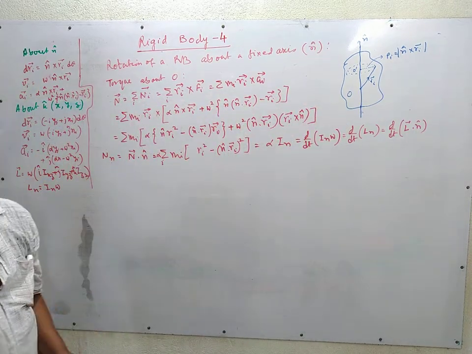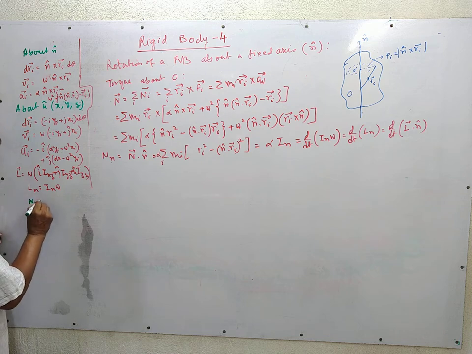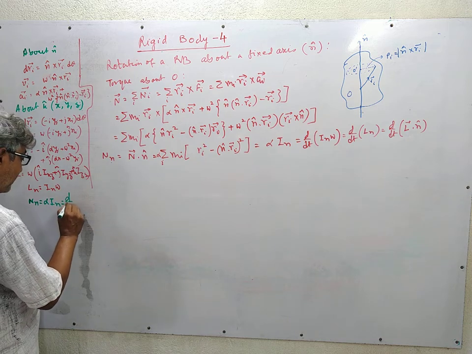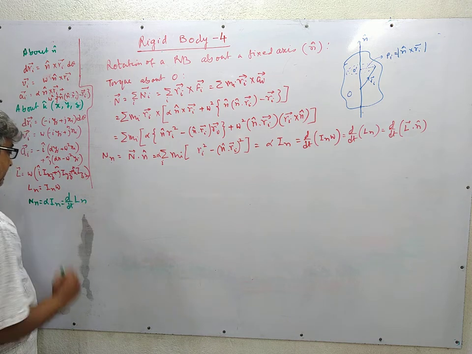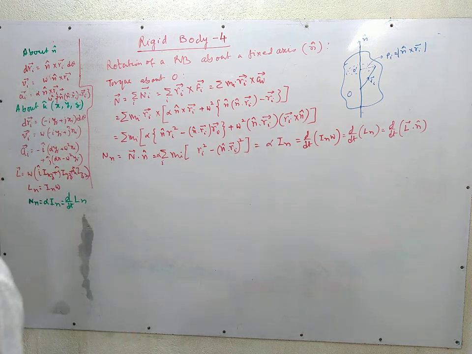So we see that whenever we consider rotation of a rigid body about a fixed axis, the vector relations are valid in terms of the components. So for torque we have N_n equal to alpha I_n equal to d/dt of L_n.